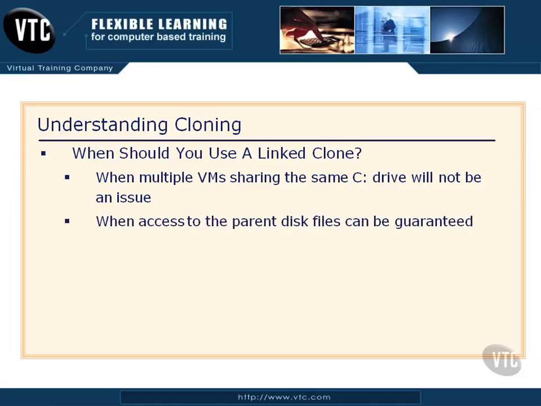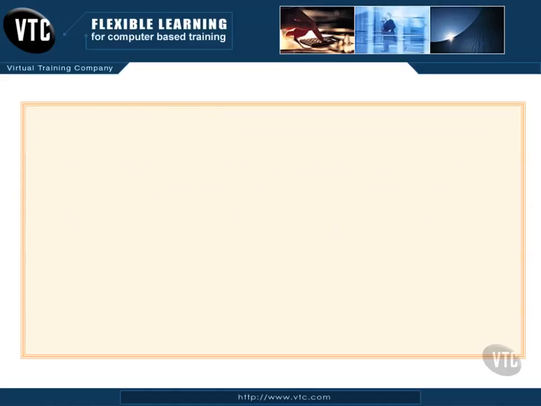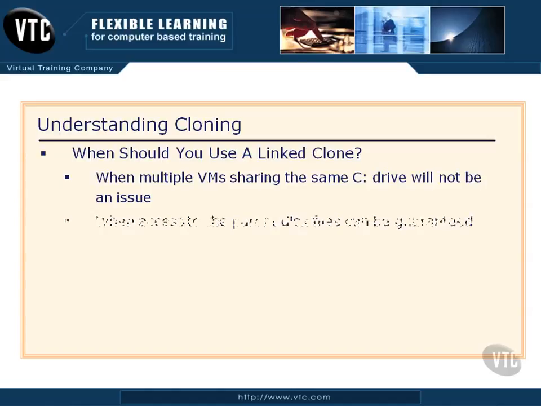Now, you also, when you're using a linked clone, you probably want to do this when you need to make a copy really quickly. You don't want them all to be totally unique machines, and you can guarantee access to the parent disk files, because without that linked clone being able to contact those parent disk files, guess what? It can't find its C drive, and you know how machines get when they can't see their parent drive, okay, or their C drive.